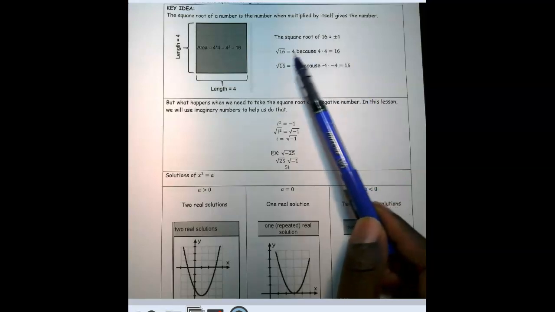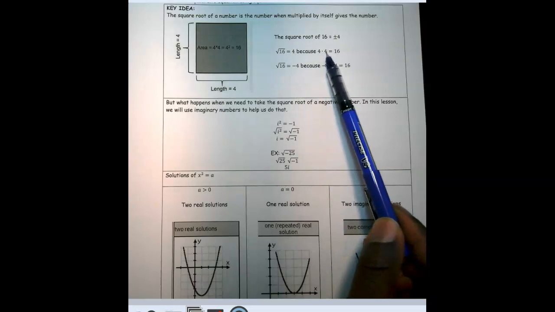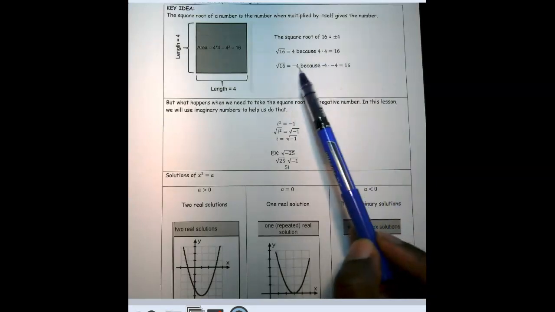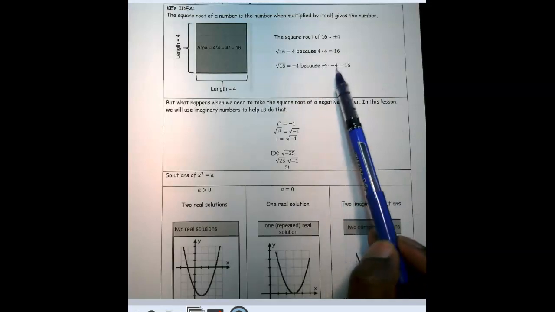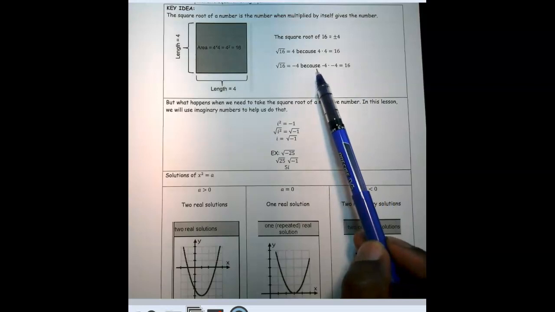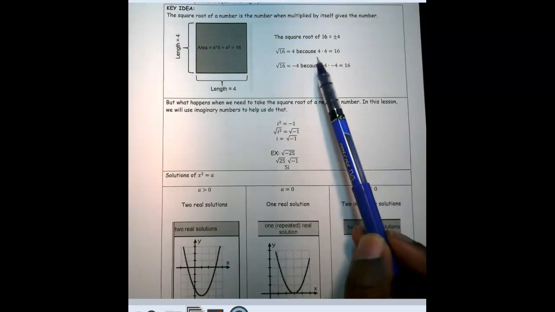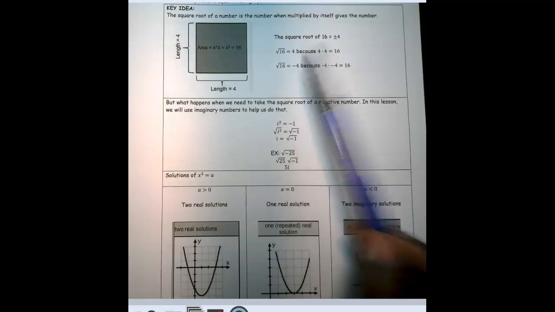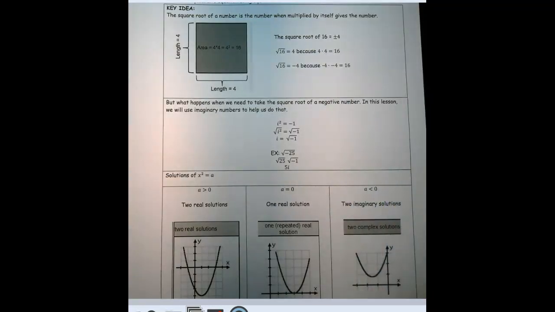Well, it works because if we take the square root of 16, we know that positive 4 times positive 4 gives us positive 16. But we also know that negative 4 times negative 4 gives us positive 16. So for this reason, when we're taking the square root of a number, we can say the square root of a number is plus or minus whatever that root is.